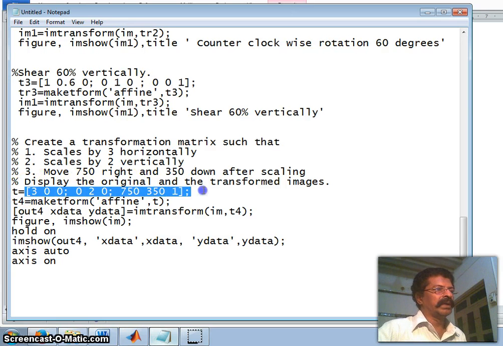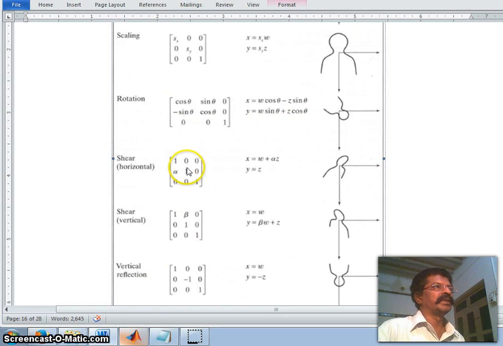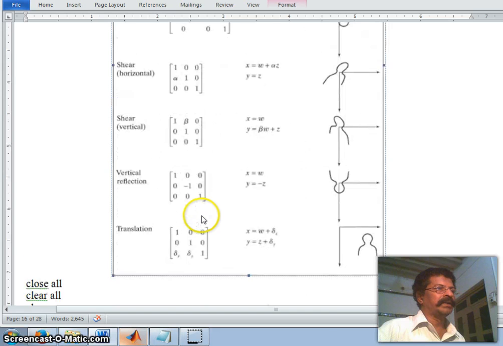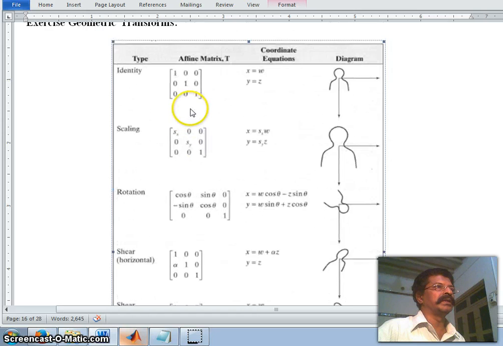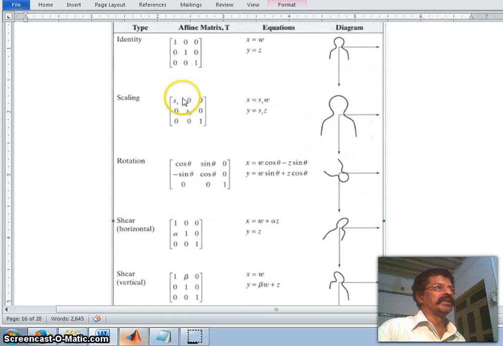I will show again for your reference. For the scaling I apply 3 along the x direction and 2 along the y direction, and the translation is 750 along the x and 350 along the y. Therefore my delta x is equal to 750 and delta y is equal to 350, and for the scaling this one is 3 times and this one 2 times.